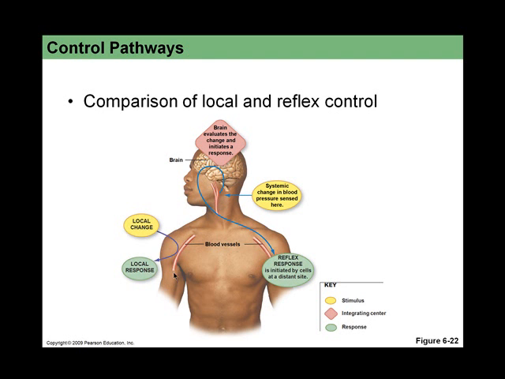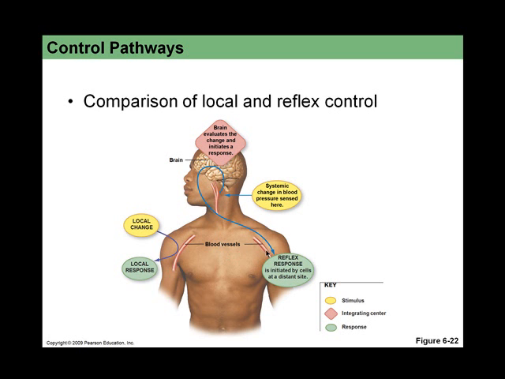But this may bring about a reflex response to cause activation of the sympathetic nervous system, to cause some vasoconstriction in other areas. So, for example, a person standing on a ladder, holding their hand above their head, hammering a nail, there will be local vasodilation to increase blood flow in that extremity, the muscles being activated, but then the central triggering response activating the sympathetic nervous system can raise blood pressure.